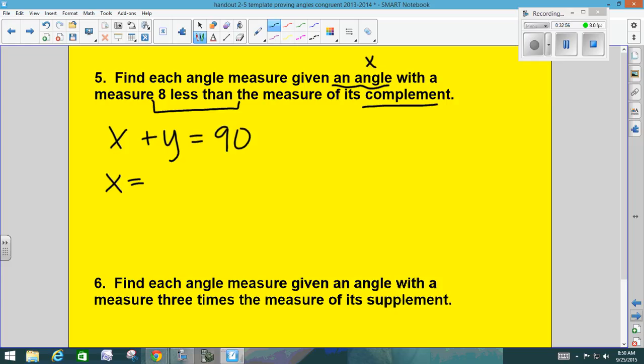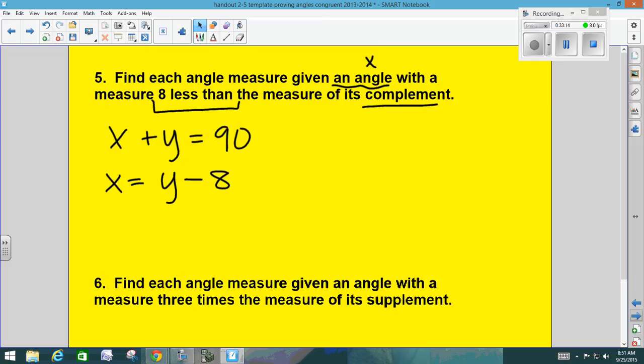Good, y minus 8. 8 less than would be minus 8, and its complement was y, because x and y were complementary. The complement of x is y. So this part, an angle measure 8 less than a complement, is x equals y minus 8.